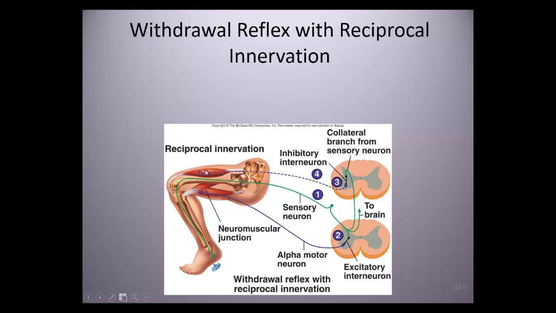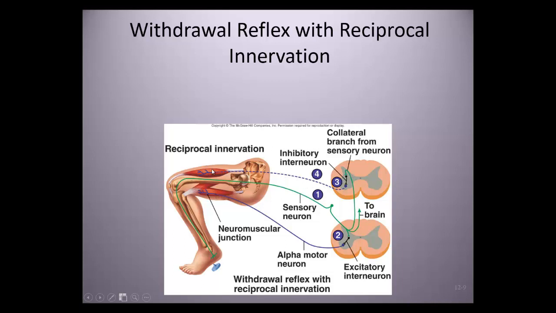Because if you're walking, you might be contracting that rectus femoris, but in order to quickly pull the leg away, we have to quickly, at the same time as we contract the hamstring or the two muscles, semitendinosus, semimembranosus, and biceps femoris, in order to get those to contract, we need to relax these as well. So at the same time as we're stimulating these muscles, we're also inhibiting these neurons. So it's quite complex, this withdrawal reflex.